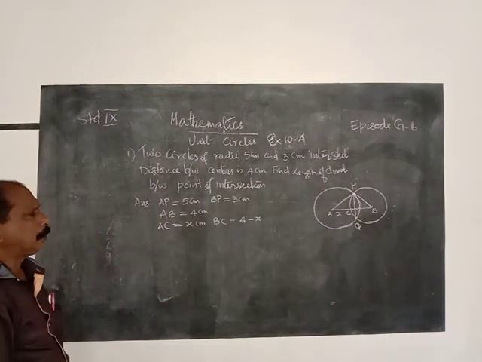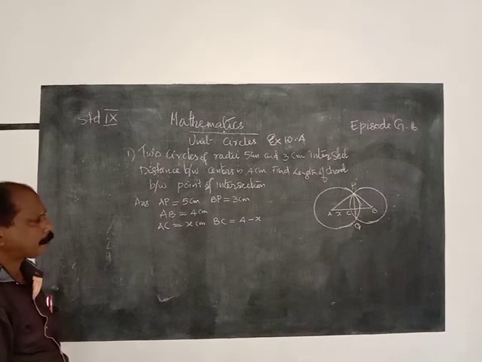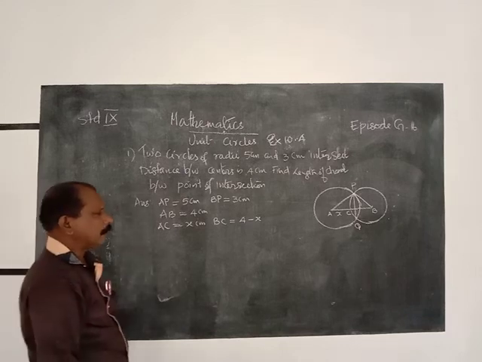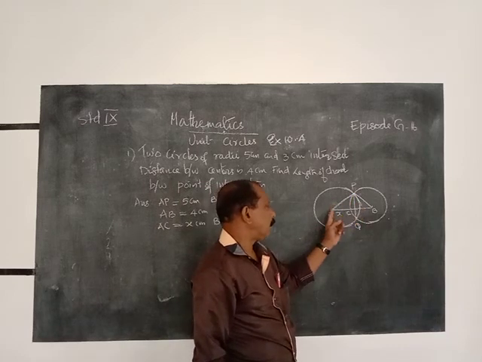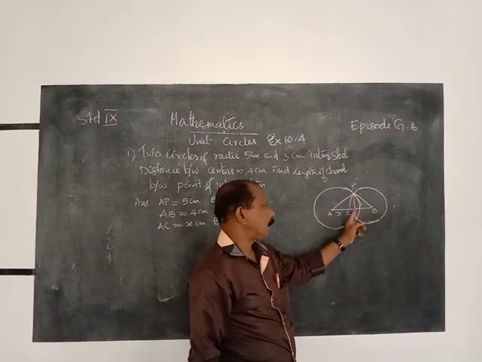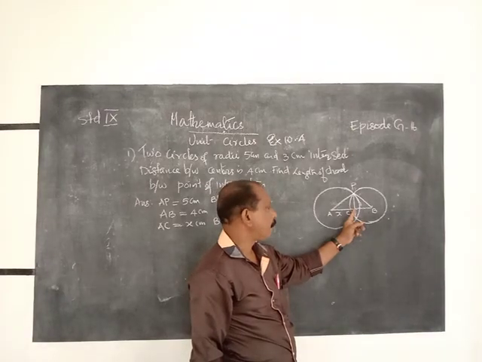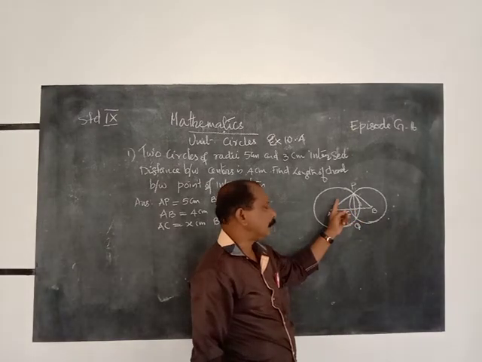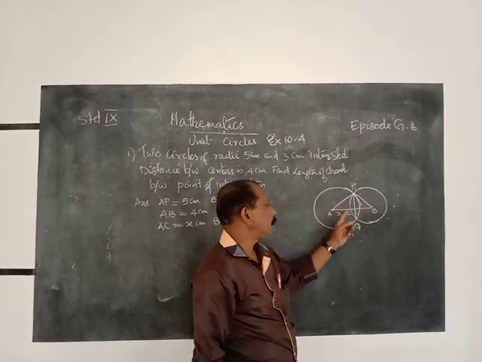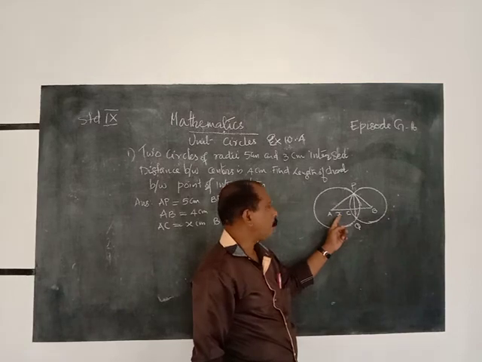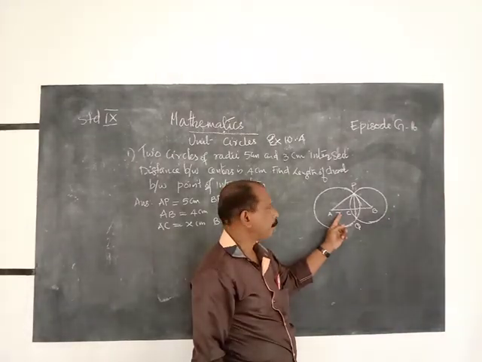Then we know that this is a right angle triangle PCA. Then the hypotenuse is 5 cm and the base is what? x cm.